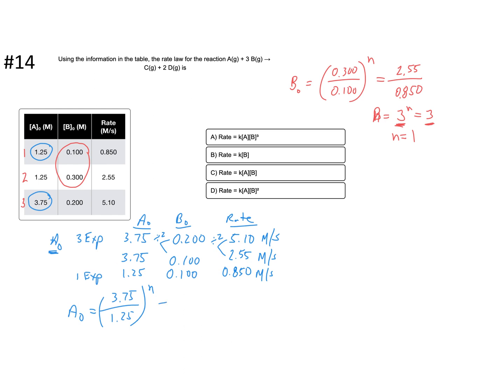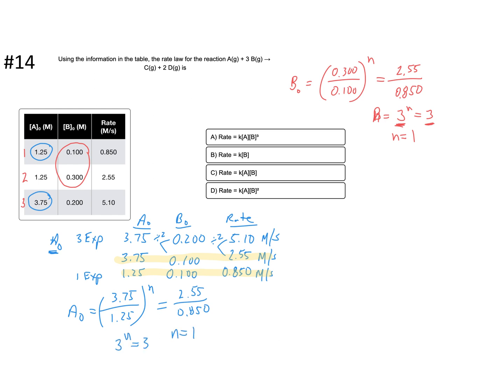Right, we want to use these two entries right here because the concentration of B stays the same. So 0.375 divided by 1.25 equals 2.55 divided by 0.850. We divide that through, and again, we're going to get 3 to the n equals 3.